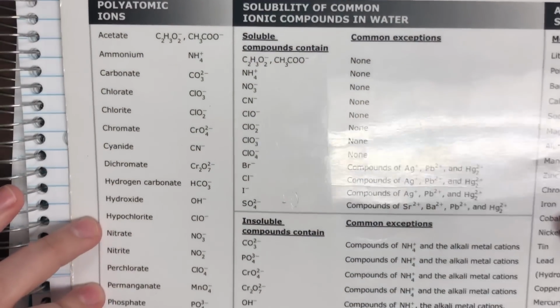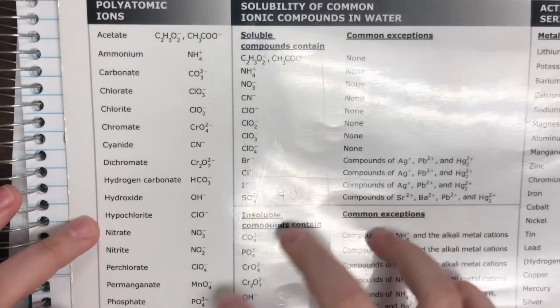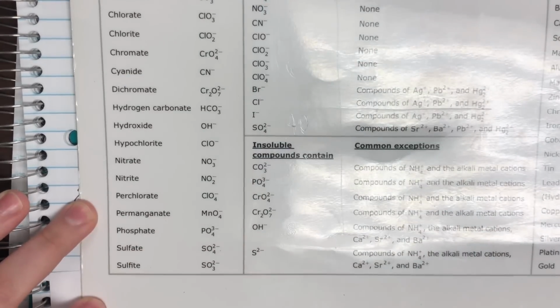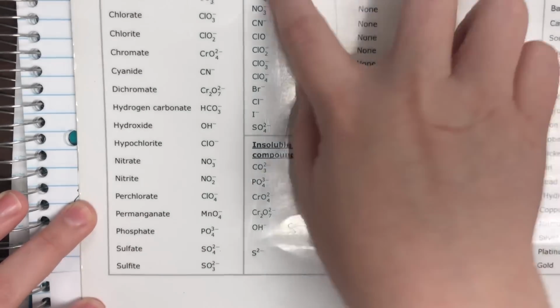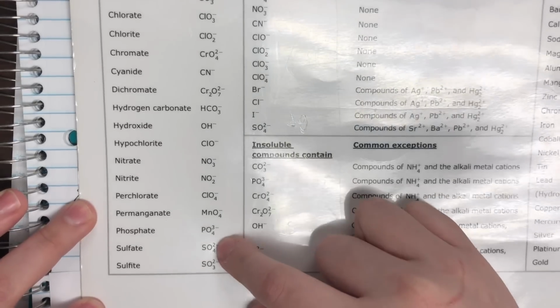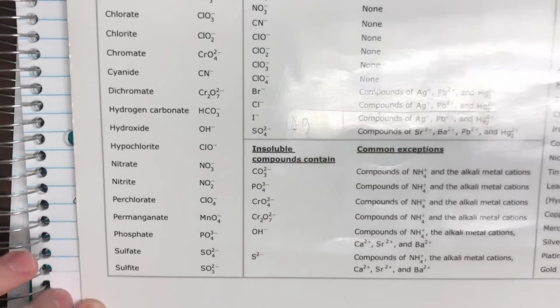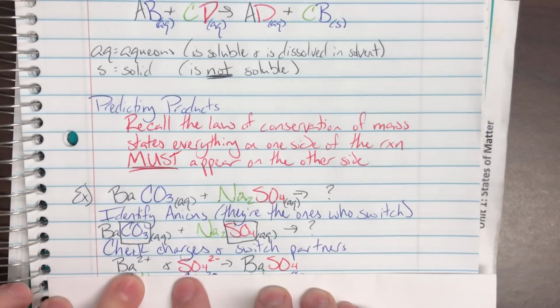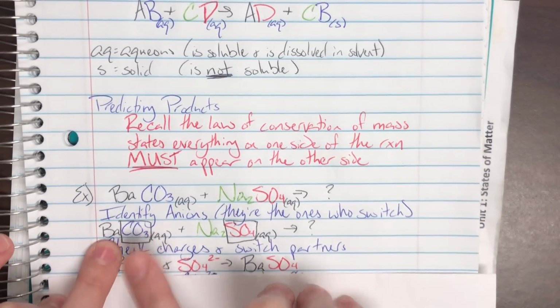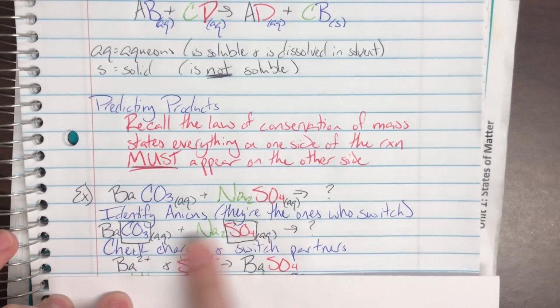As for sulfate, I know that sulfate is going to have a charge of -2 because on my list of polyatomic ions, or in the list for the solubility rules, I see that sulfate has a charge of -2. Now, why did I pair barium and sulfate together? That's because I know that barium is going to leave carbonate and get with sulfate.